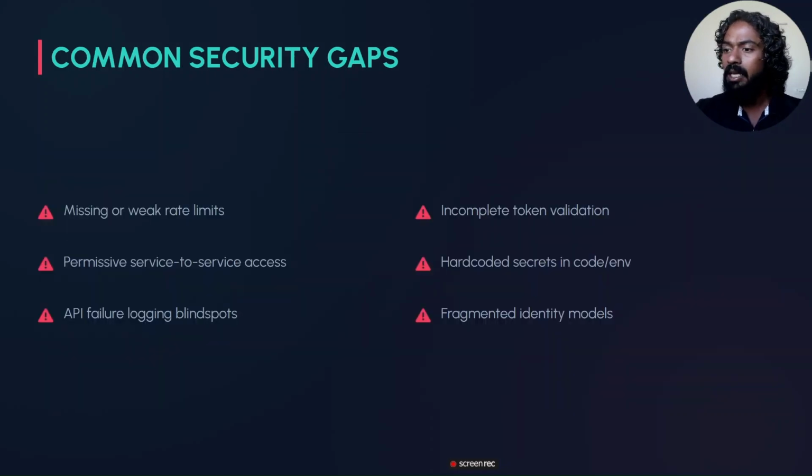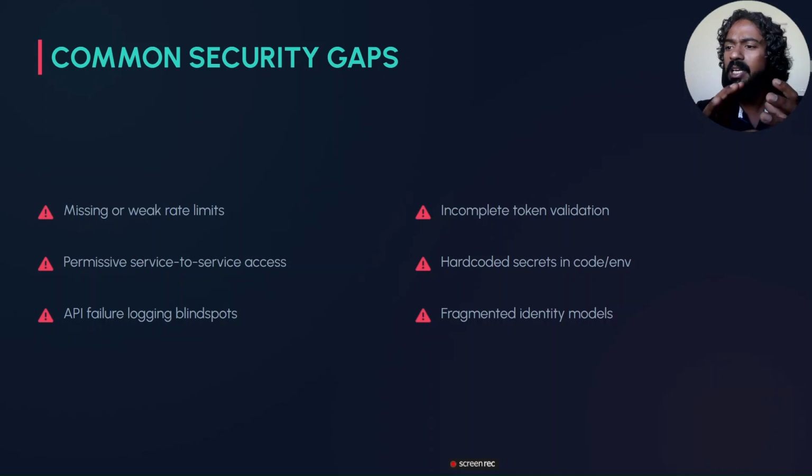And then comes your common gaps. Here's where the real-world pain is. Most of the architectures I have seen before had no rate limiting, weak token validation, hard-coded secrets everywhere, microservices overly trusting each other, missing logs or failed authentications not being recorded, and no single identity model.